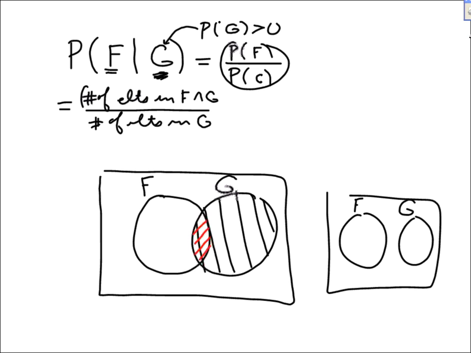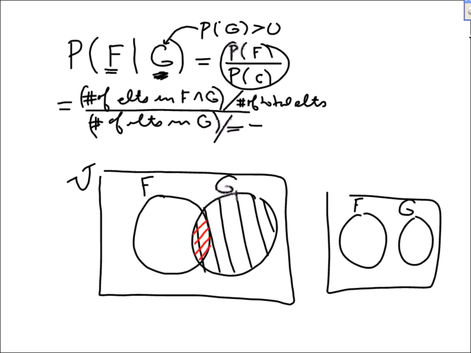But if I divide each of these by the same number, it won't change the value. I'm going to divide by the number of total elements in the universe.